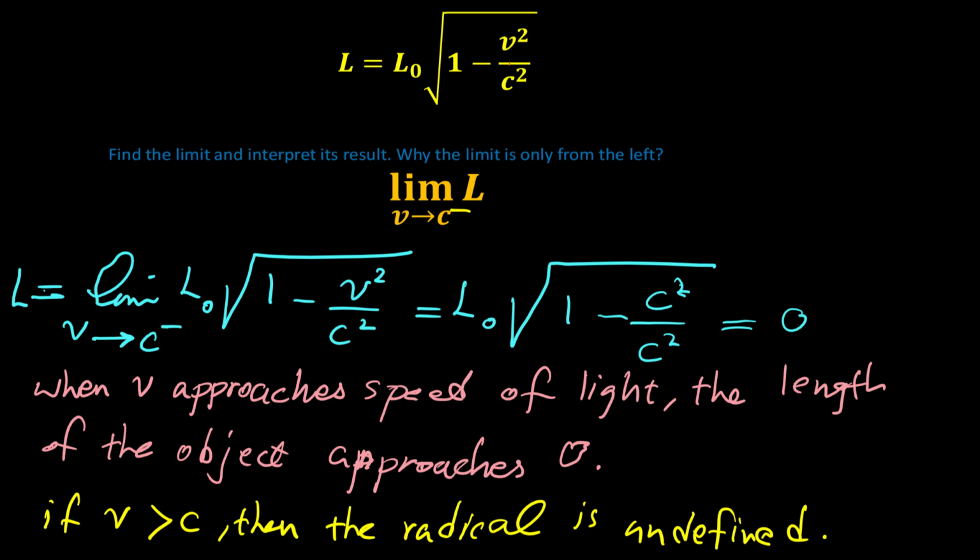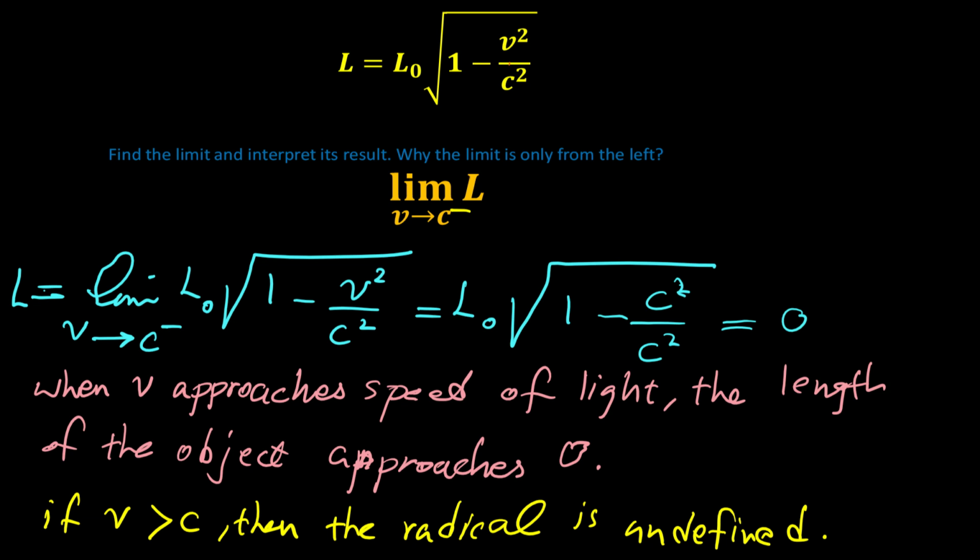But from a physics perspective, why does the speed of the object approach the speed of light from the left? Because in physics we assume that no object can travel with a speed above the light.